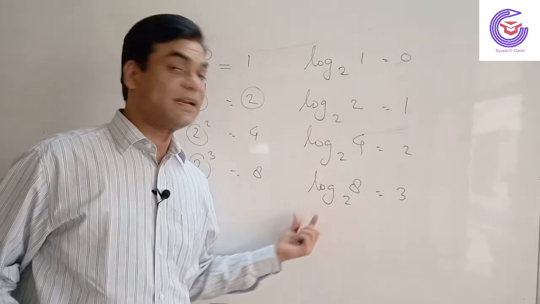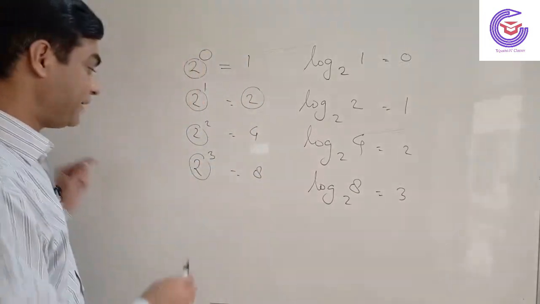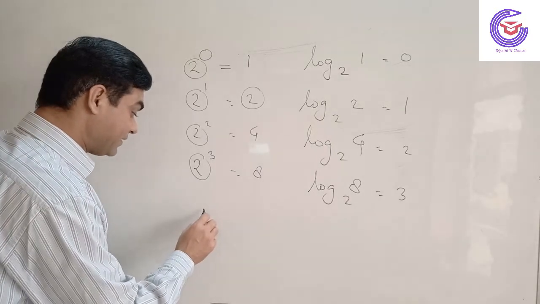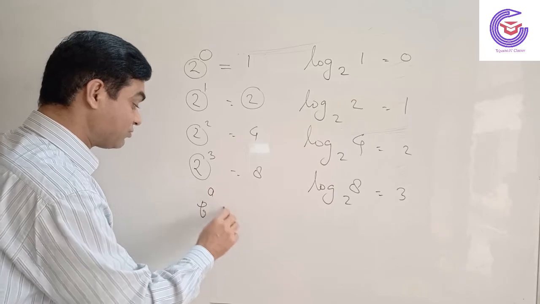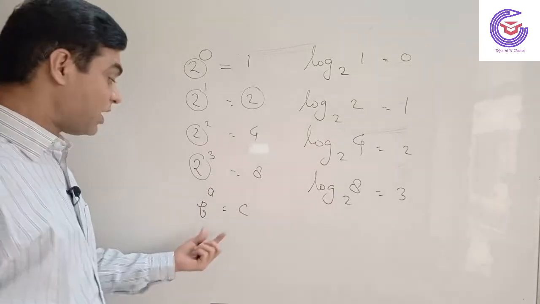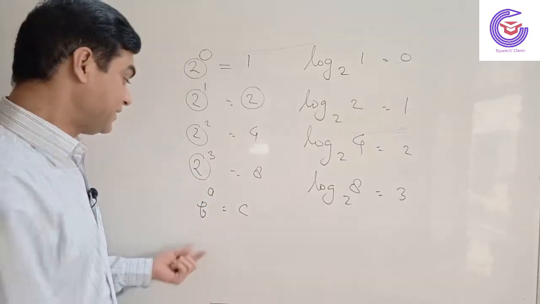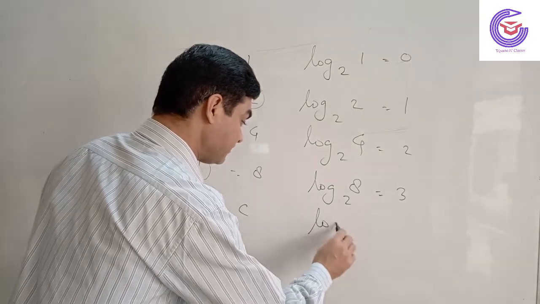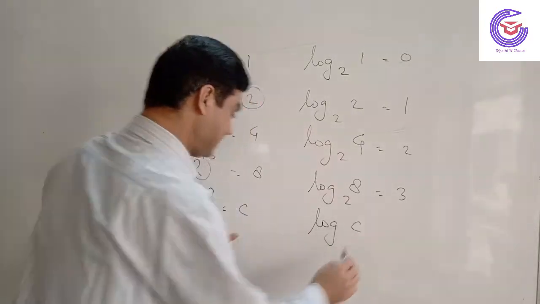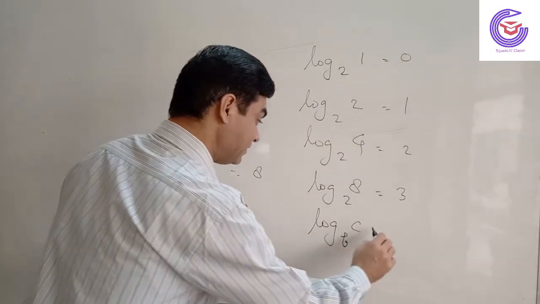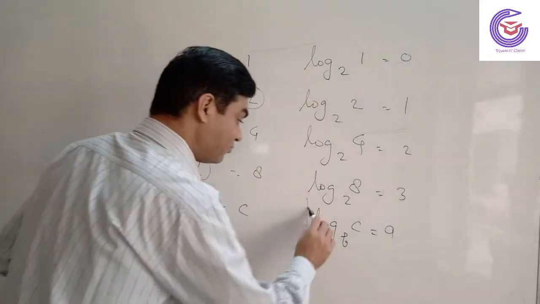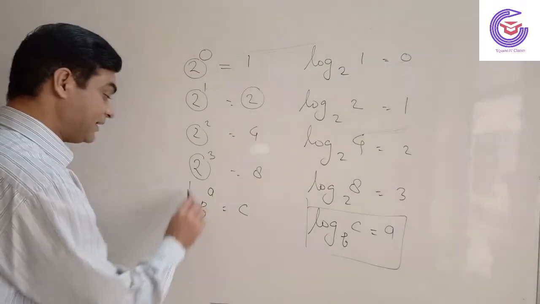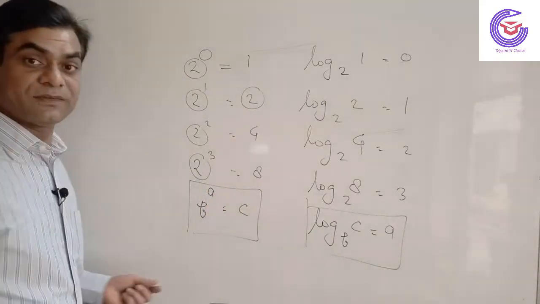If I generalize this with a formula, suppose the base is b and b to the power a is equal to c. How will it look in logarithmic form? It will be log c base b is equal to a. So this formula comes from the exponential form.